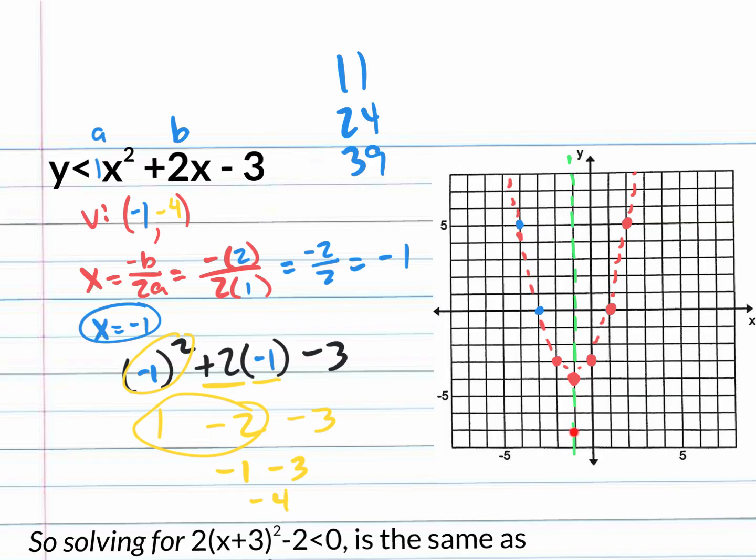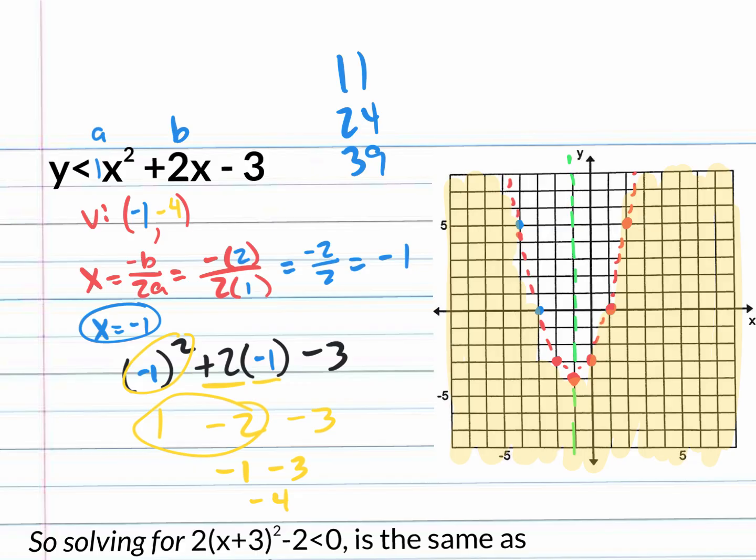Are you shading the inside or the outside? Shading the outside. So you're going to shade below, shade below, shade below. So you're technically shading everything that's on the outside of the parabola. But the only way to conclude that is by understanding above or below based on this inequality. Y is less than, that's below on the Y.